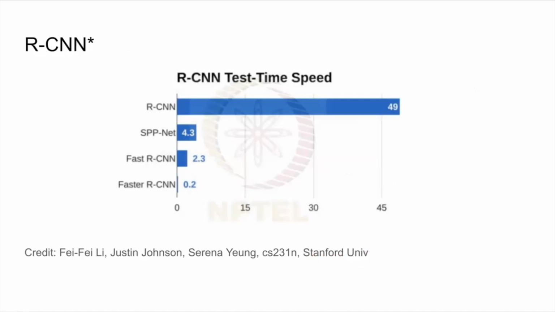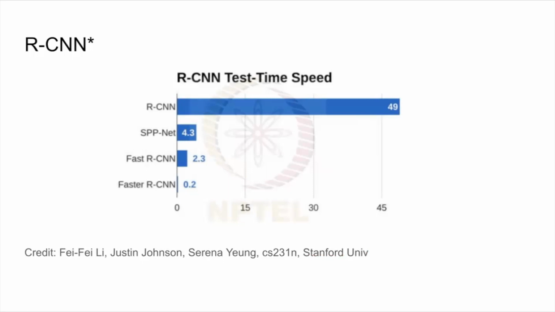The fast RCNN is almost 20 times faster than the RCNN, and the faster RCNN is 10 times faster than the fast RCNN.